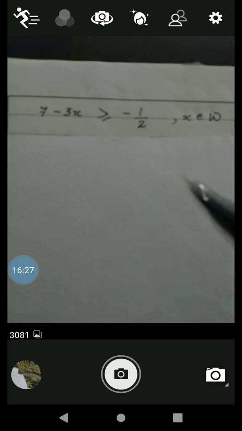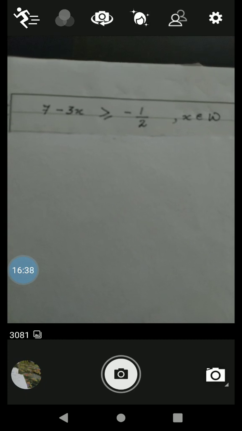Now, we can see one more question. A simple question. 7 minus 3x is greater than or equal to minus 1 by 2, x belongs to whole numbers. It is better to transpose the term containing x to the right side because here there is a negative sign before x.